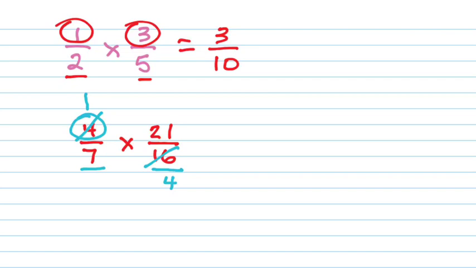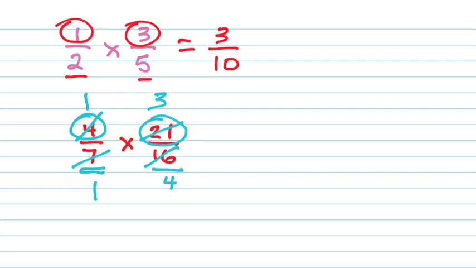Eva. Now, the next numbers I have is a 21. And I have a 7 down here. Is there anything common to 21 and 7? Yeah, they'll both divide by 7, won't they? Does it matter that the 21's on top? Nope. So 21 divided by 7, Eva, is 3. And 7 divided by itself is 1.